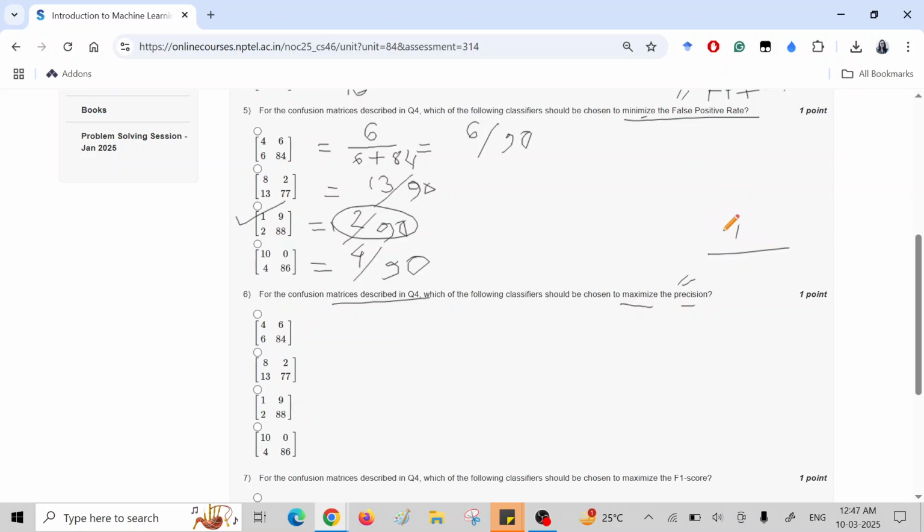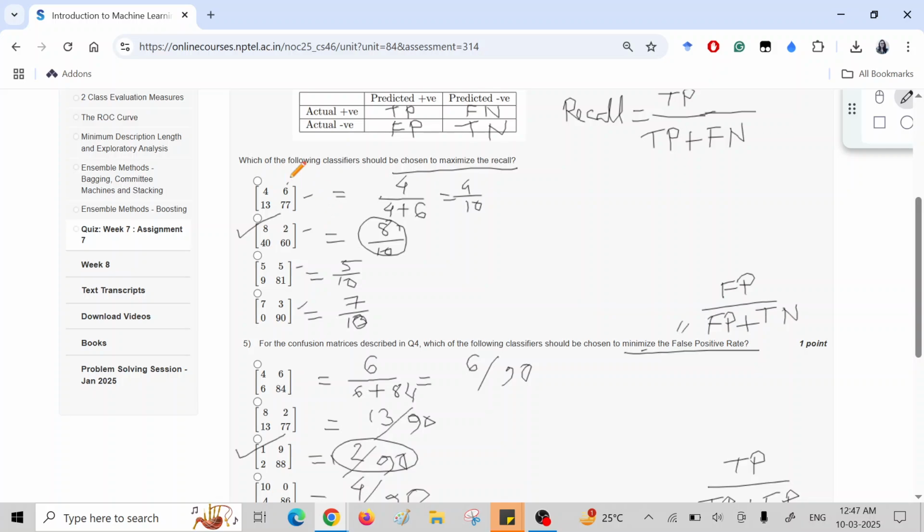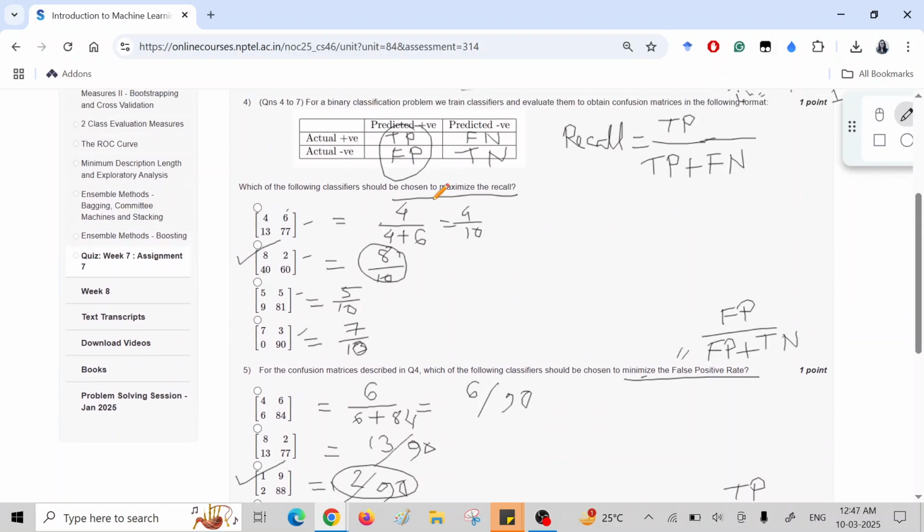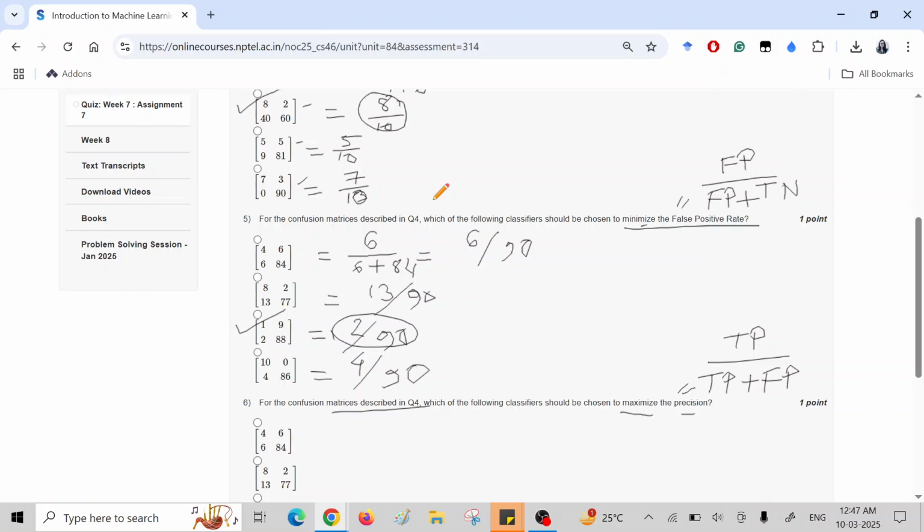It is true positive upon true positive plus false positive. So if we see the first column, true positive upon true positive plus false positive, this is called precision, right?